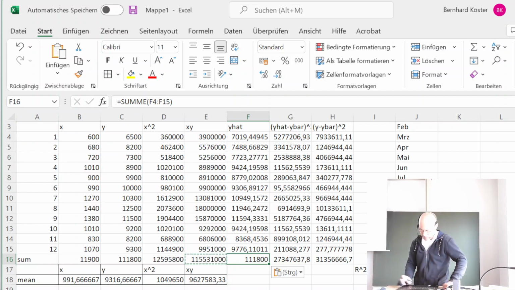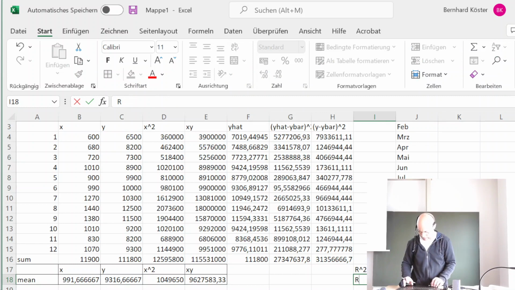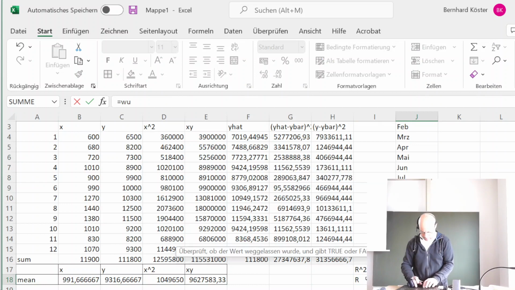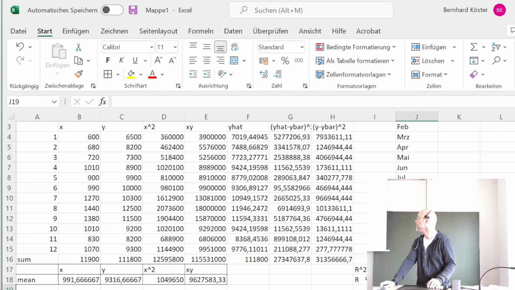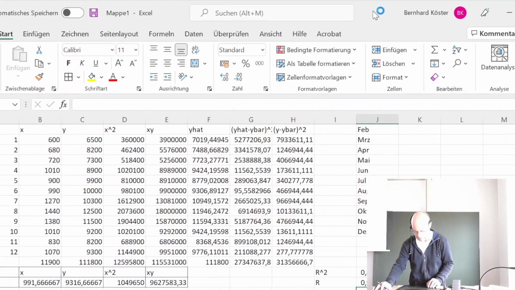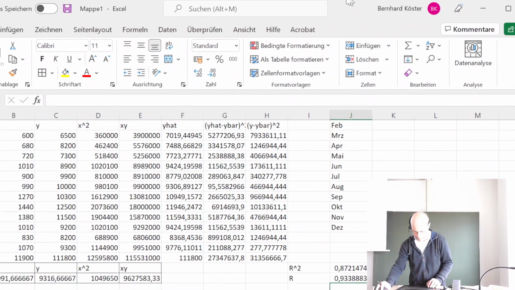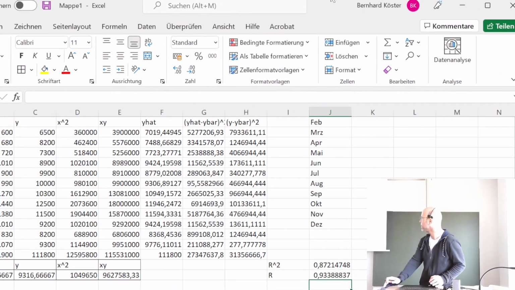And now I'm in business again. So I have 0.87 and then I have R as the root of this, and it is plus the root since we know that B is positive.